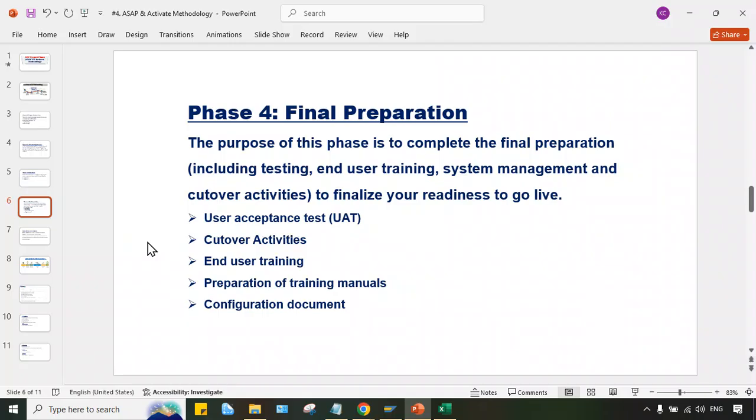Integration test means we have dependencies on other modules, and I quoted the example of the P2P process, where we have integrations with MM. That will be explained in detail in the form of FI-MM integration. That is a topic which I have to explain practically in an upcoming session, not now, it will take time. Before that, multiple other topics I have to explain, but that also I'll explain.